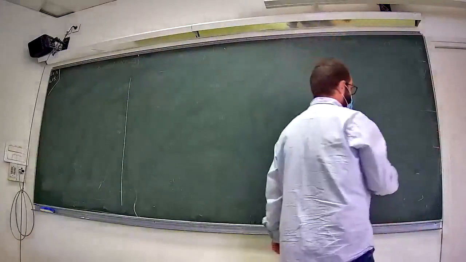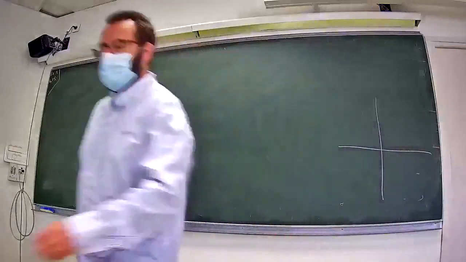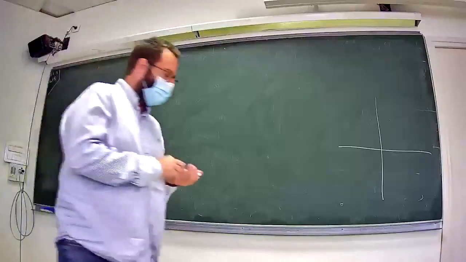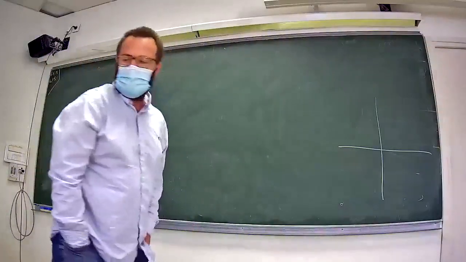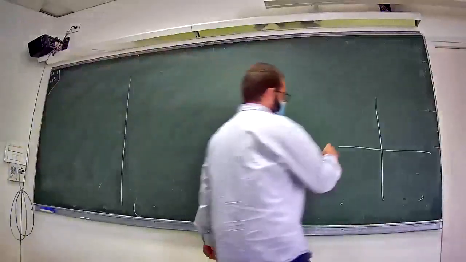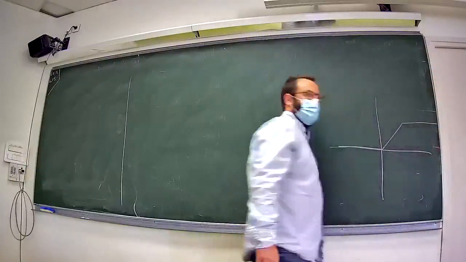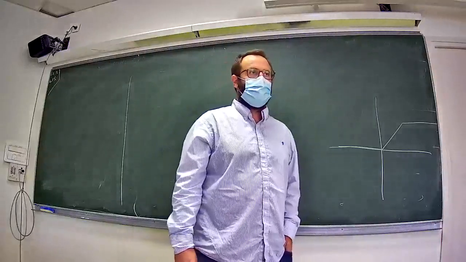So if I plot the uniform, something that I have already done several times today, let's say the uniform on the interval 0, 1, I have something like this. I am not strictly increasing.